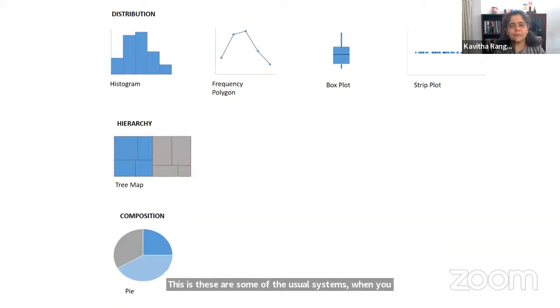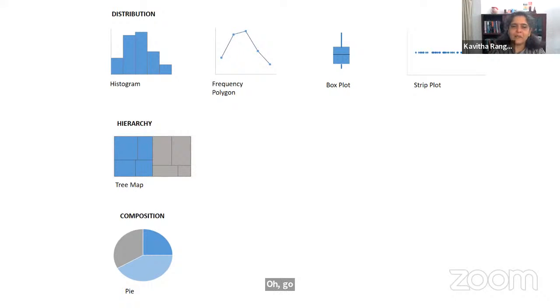But typically don't use a pie chart if you have too many categories, because it can get confusing. For 2 to 3 categories, pie charts actually work well, but not for a large number of categories. If you want to read more about pie charts, there's a very nice article by Stephen Few called Save the Pies for Dessert. It's available online.